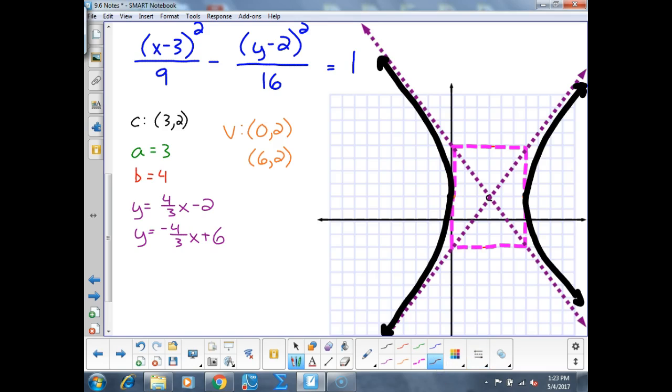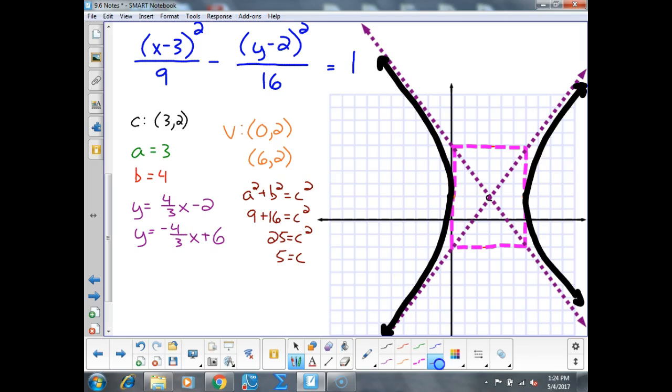Get my foci. What's the formula that I use? A squared plus B squared equals C squared. So that's going to be 9 plus 16 equals C squared. So 25 is C squared. So C is 5, right?